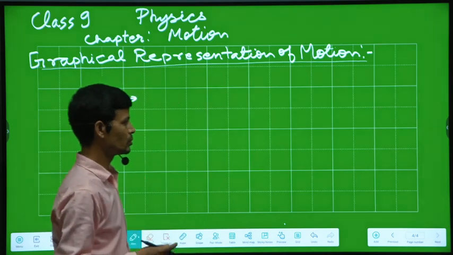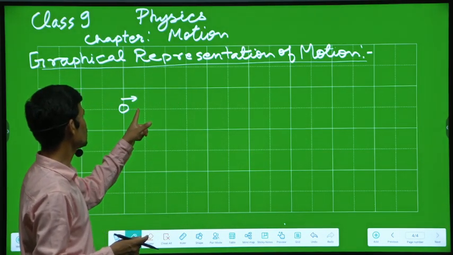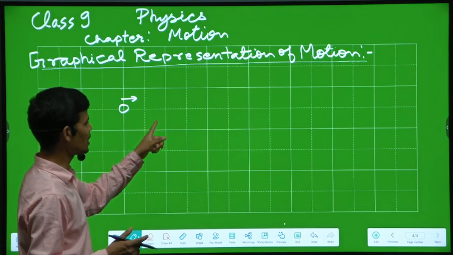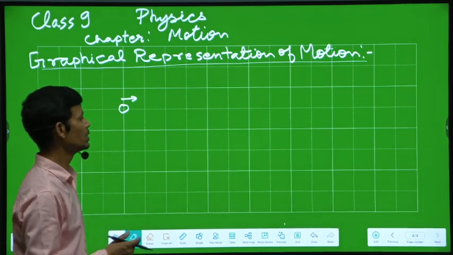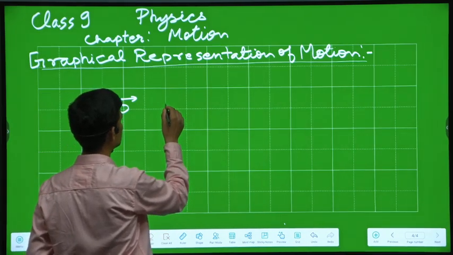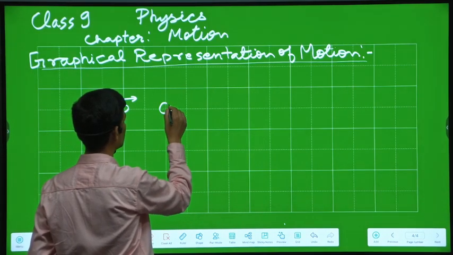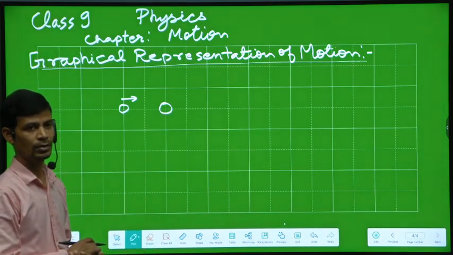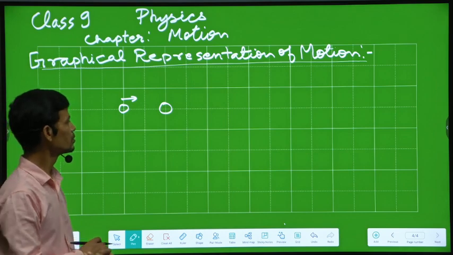So, wherever it is, after 1 second the photo will be clicked. Let us suppose after 1 second the object reached here, so its photo will be clicked.